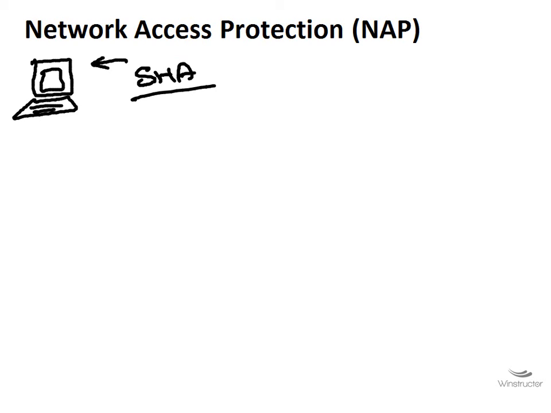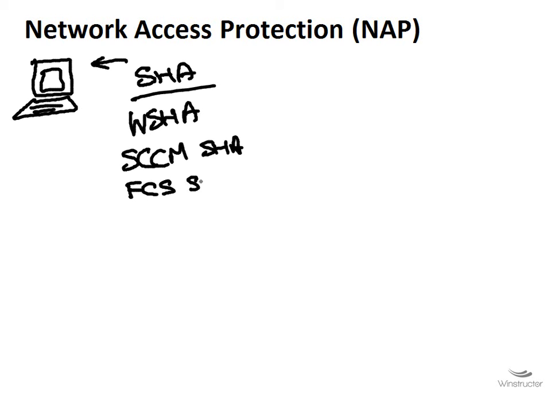Now, contrary to popular belief, there can be different types of these System Health Agent. There's a Windows System Health Agent. There's a System Center Configuration Manager System Health Agent. There's even a Forefront Client Security System Health Agent. And since Microsoft released the APIs for NAP, you're going to find that there's other third-party security products supporting it, and therefore you'll see there's a lot more than these few.